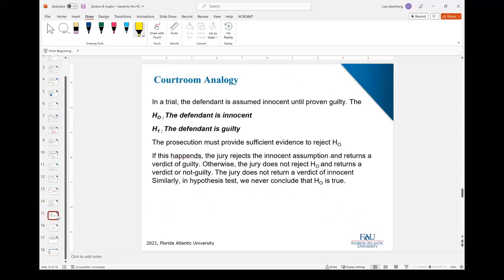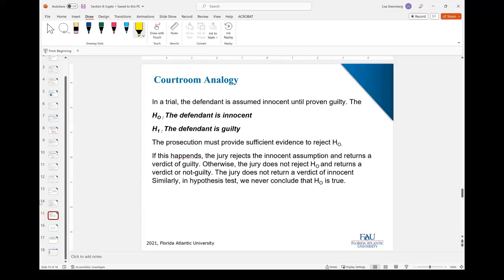So let's give a little analogy. In a trial, the defendant is assumed innocent until proven guilty. So we can say that the null hypothesis, the defendant is innocent. The alternate hypothesis, the defendant is guilty. So the prosecution must provide sufficient evidence to reject the null hypothesis.